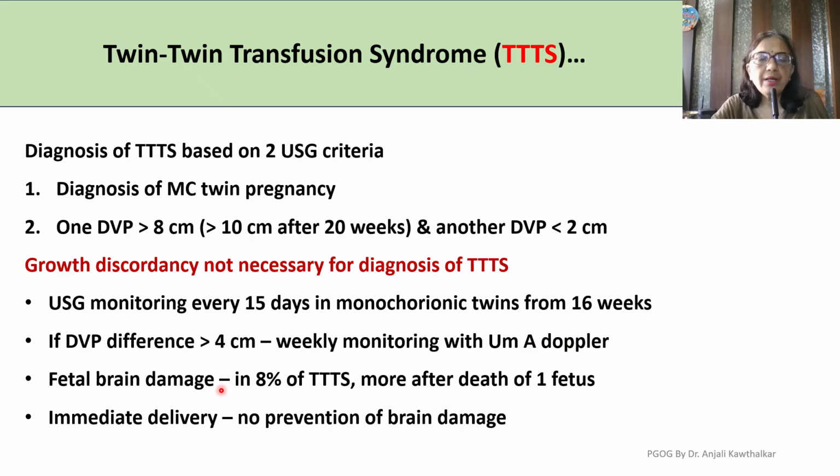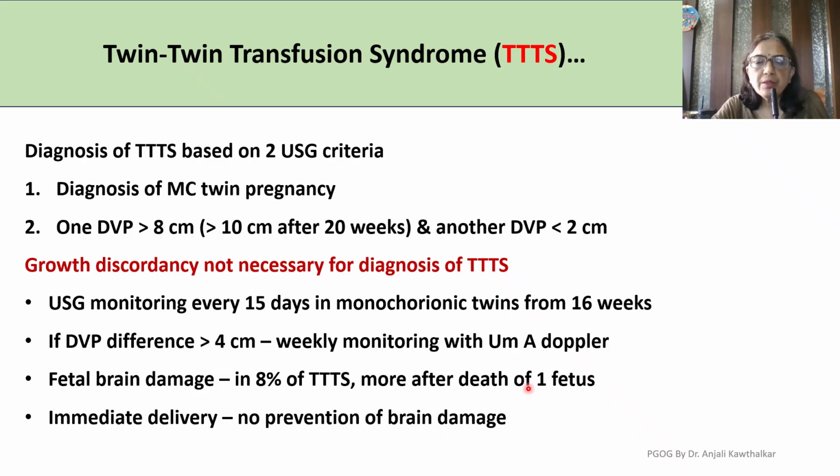Now, fetal brain damage occurs in 8% of TTTS, and this brain damage is more if there is a death of one of the babies. Even if immediate delivery of the second baby is done, still this brain damage cannot be prevented, because whatever damage occurs is instant when one baby dies.